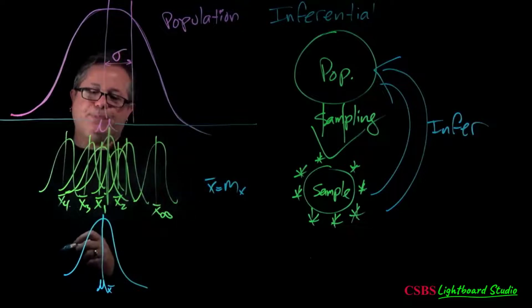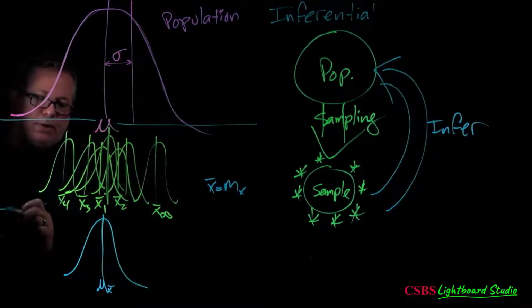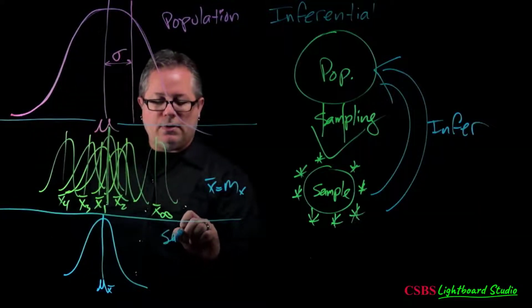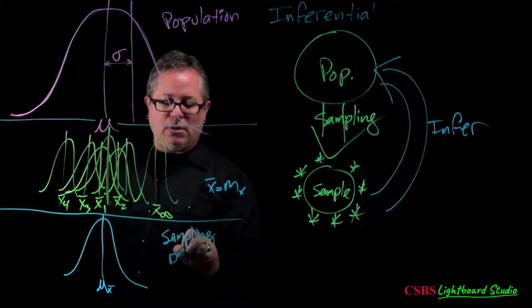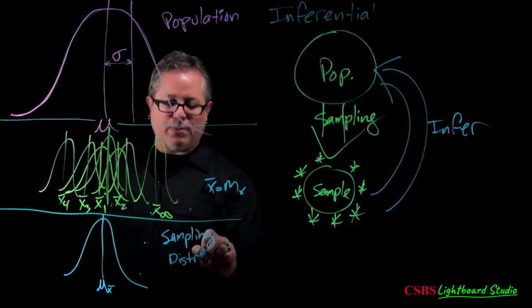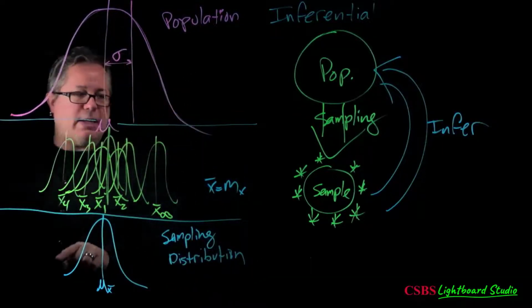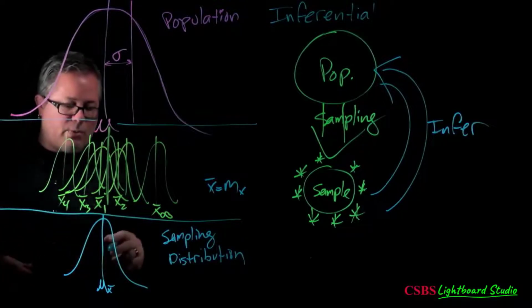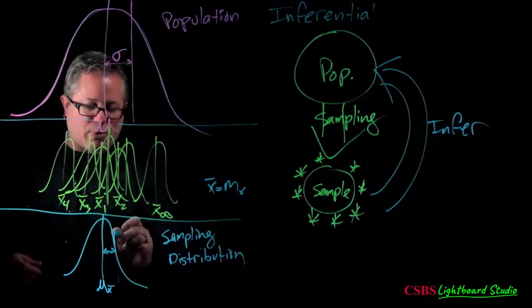This is the population. Here you have actual samples. And then down here you actually have what's called a sampling distribution. This is how do the samples pulled from the same population distribute out in a distribution? We'd expect there to also be some spread here.